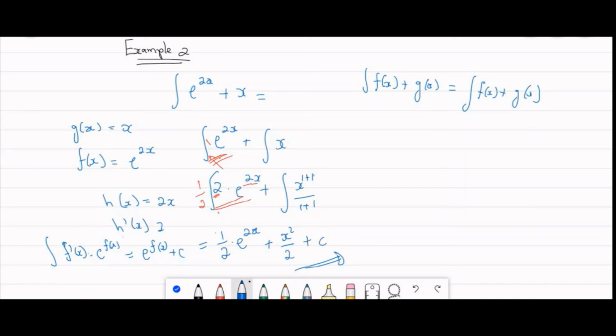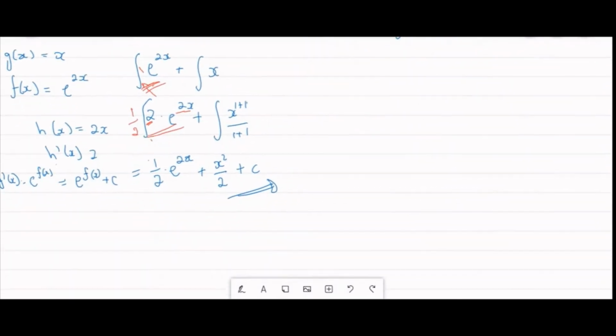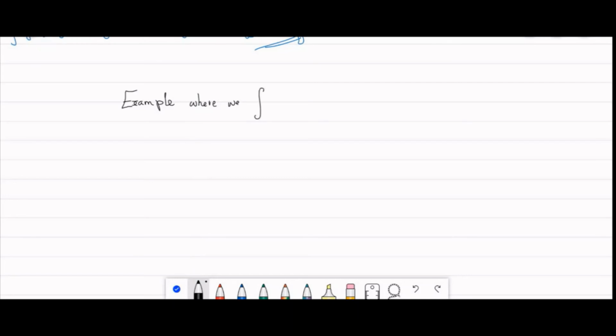So now, let's look at the example where we integrate logs.